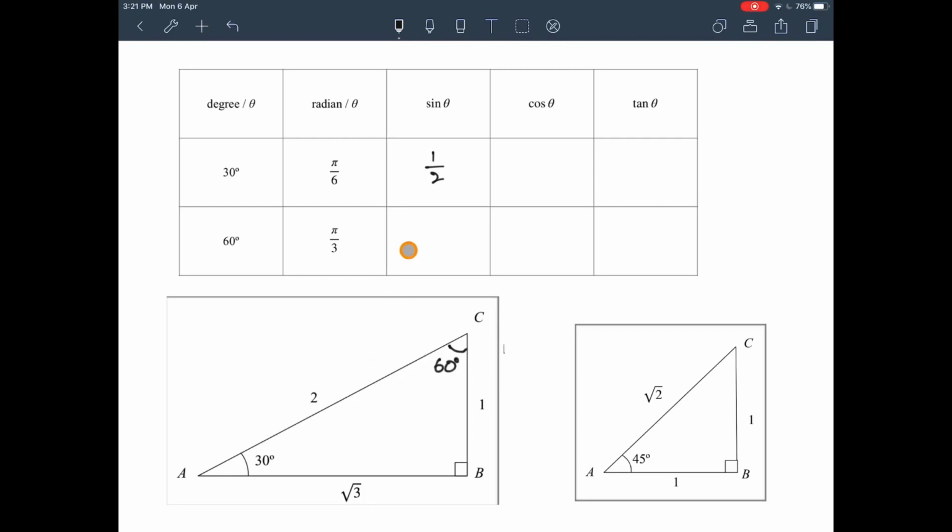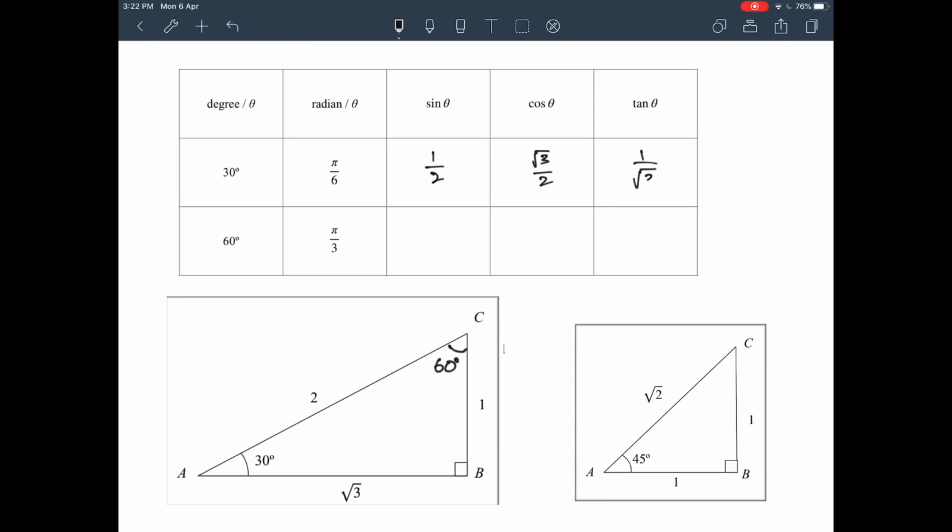Same thing, cosine 30 degrees is adjacent over hypotenuse, so that gives us root 3 over 2. And tangent 30 degrees will be opposite 1 over adjacent root 3.